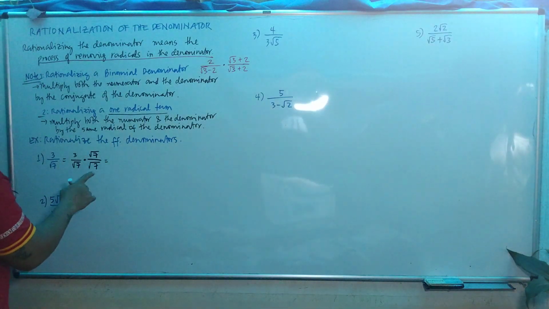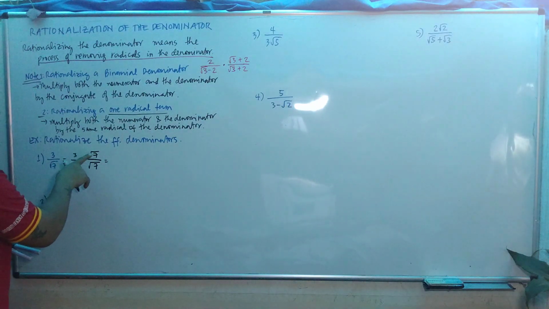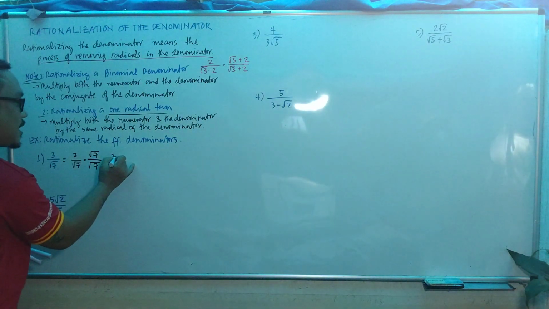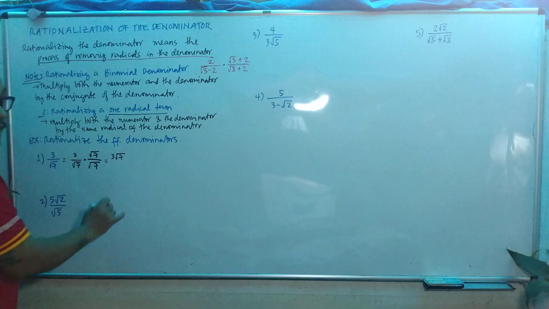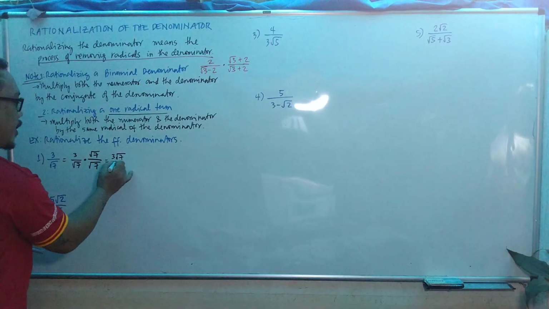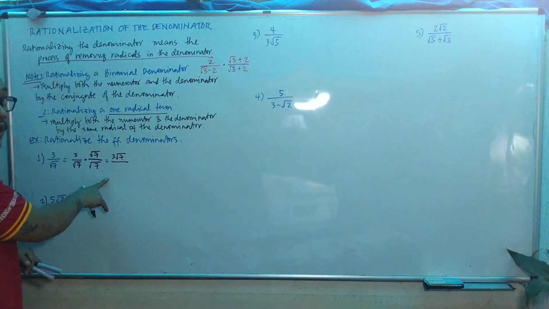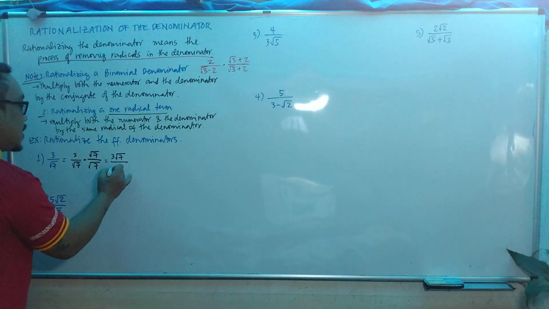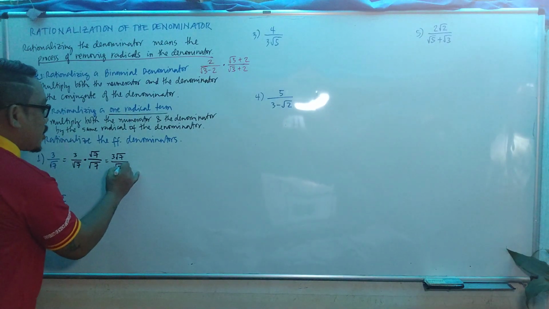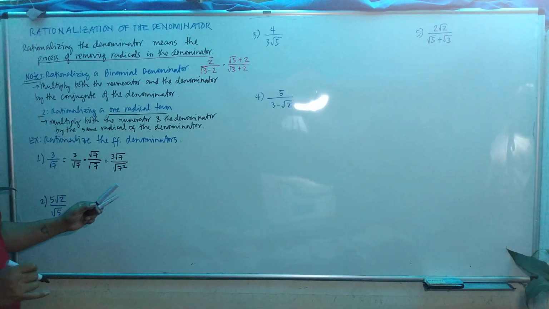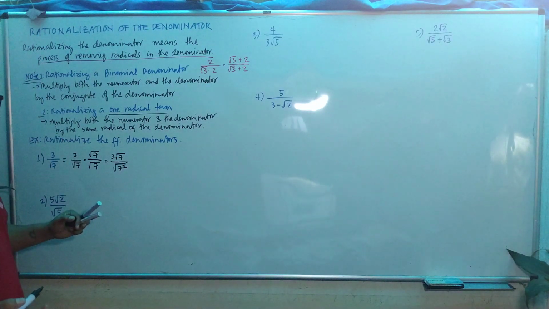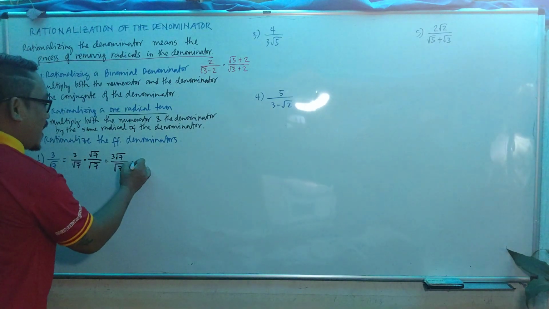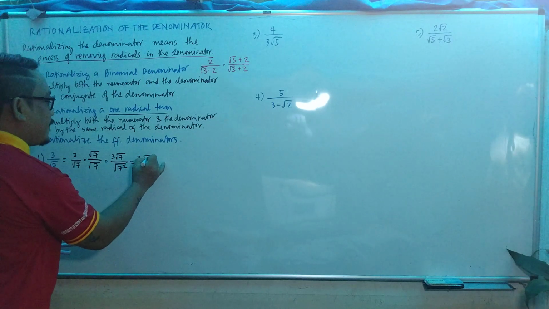So let's continue. Let's multiply 3 times square root of 7. We just copy 3 square root of 7, right? All over square root of 7 times square root of 7. That is the same as square root of 7 squared, or square root of 49. So, you have 3 square root of 7.